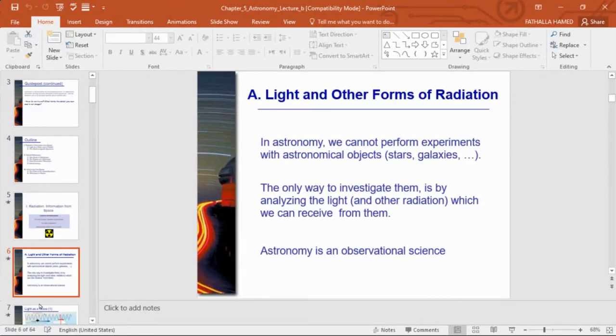And light is basically what humans have been using to look at things. When it comes to astronomy, they look at the planets and stars in the night sky. In astronomy, we really cannot perform experiments like, for example, what you do in biology.